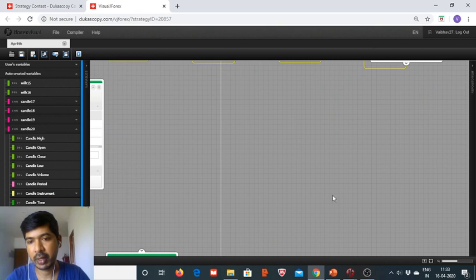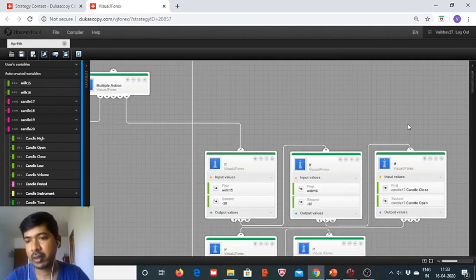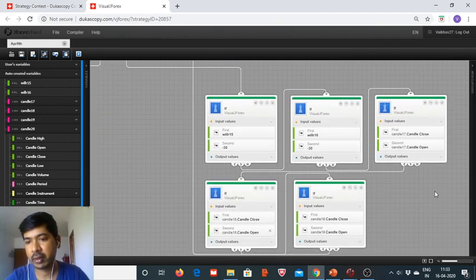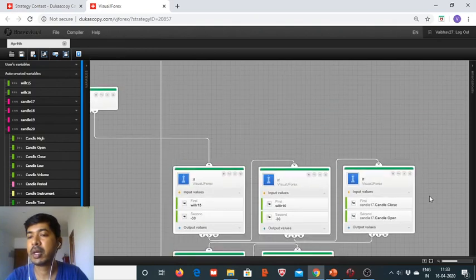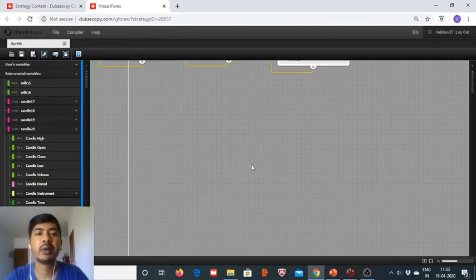Let us go back to the sell side once again. We have looked for the candle 17 and the 18. So here 18 and 19's closing levels should be higher than the opening levels, and for the candle 17, that is the last candle, the closing level should be less than the opening level.